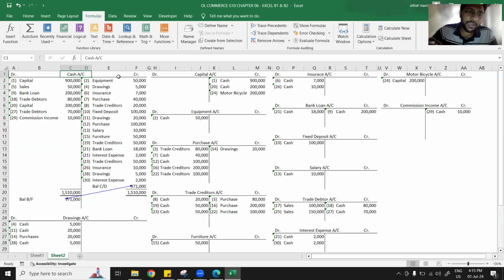So now we are done with the cash account. Everyone tell me, cash is what for the business? Liability or asset? Cash is asset for the business. So write this is an asset account with a small arrow.